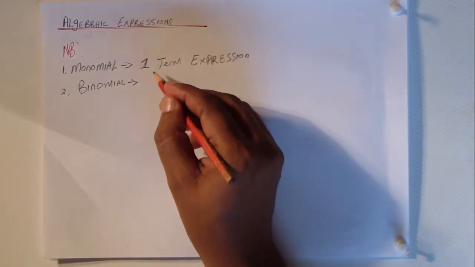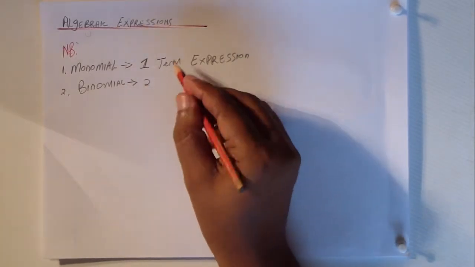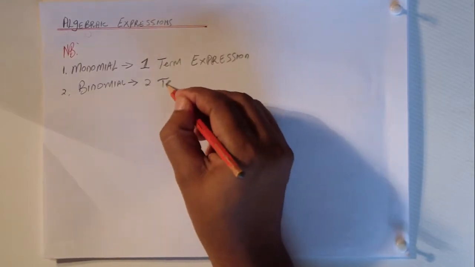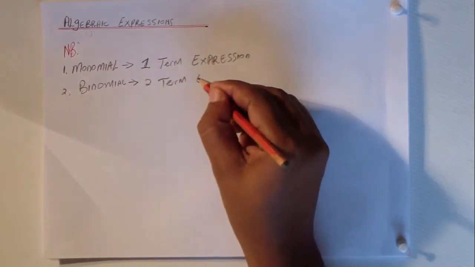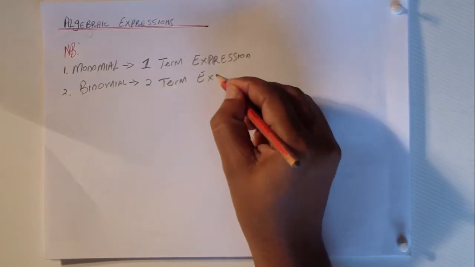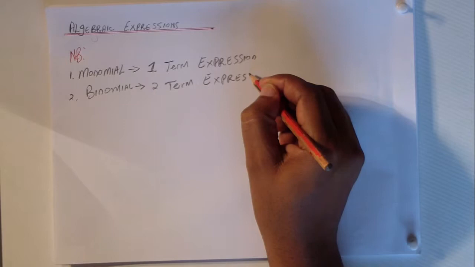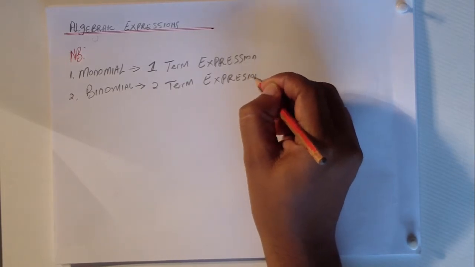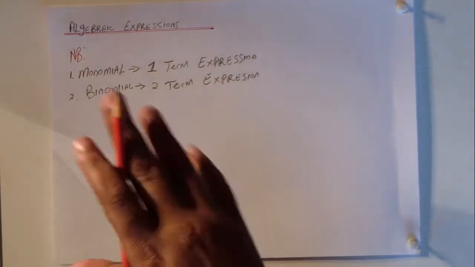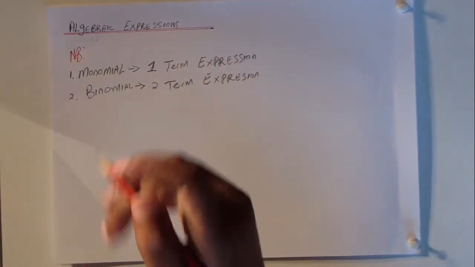Number two, it is a binomial. In short, it is a two-term expression. In other words, an expression of two terms is called a binomial. Whenever you see an expression of two terms, it is called a binomial.